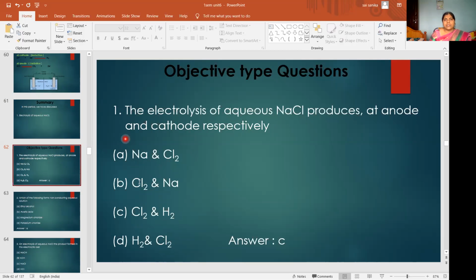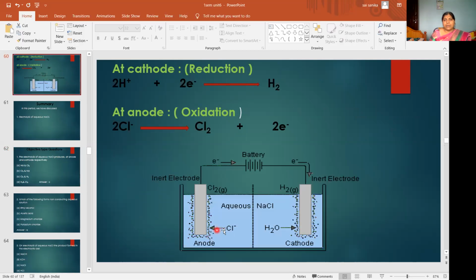Sodium is not depositing, so you omit these two options, because sodium ions combine with OH minus ions, so A and B are wrong. So either C or D. Chlorine and hydrogen are liberating, but at the anode which one, and at the cathode which one? At the anode, chlorine gas.